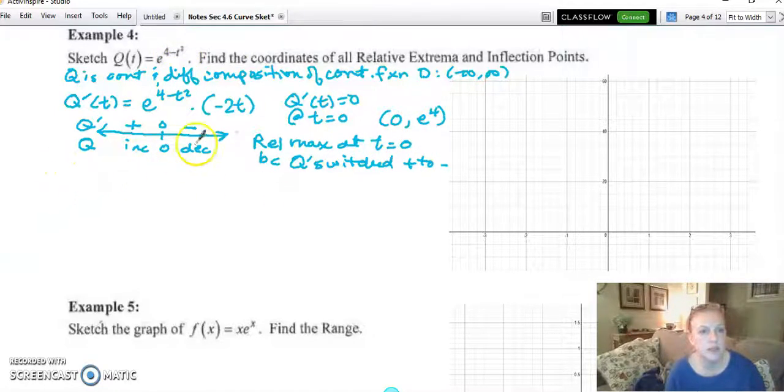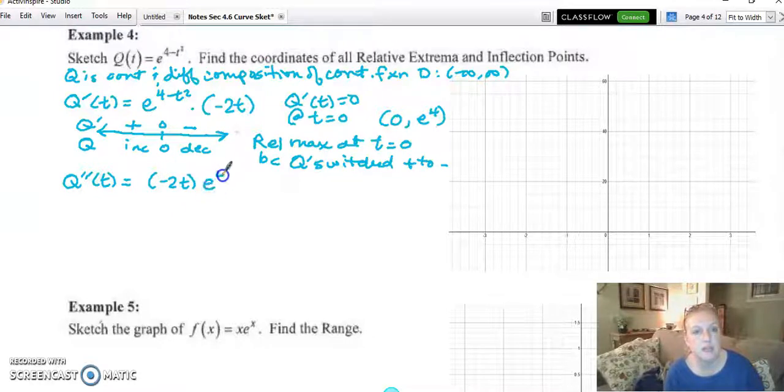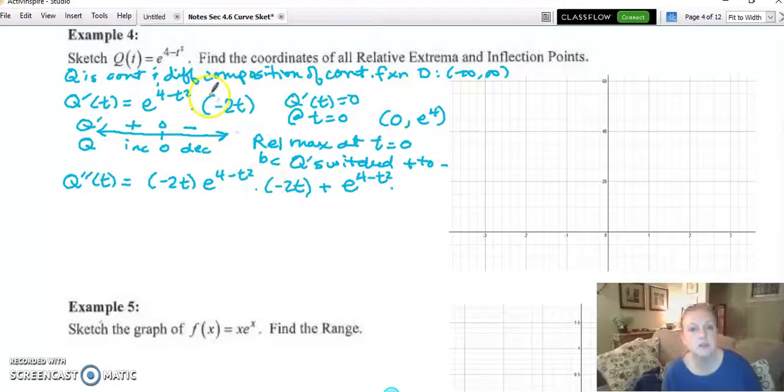All right, then we go ahead and now we need to do the second derivative to get our possible inflection points. And our second derivative, taking a look at it, we're going to have to use product rule this time. So I'm going to do the first times the derivative of the second, which is again e to the stuff times the derivative of the stuff, plus your first, e to the 4 minus t squared, times the derivative of the second, negative 2.